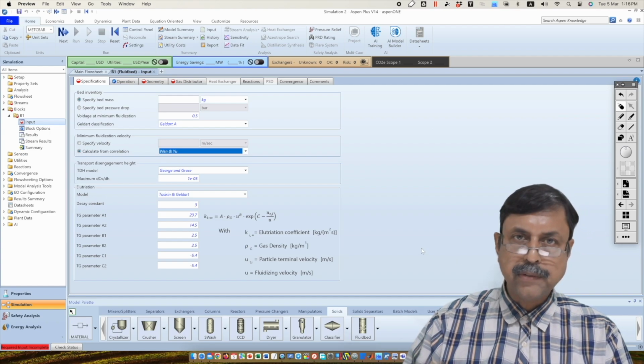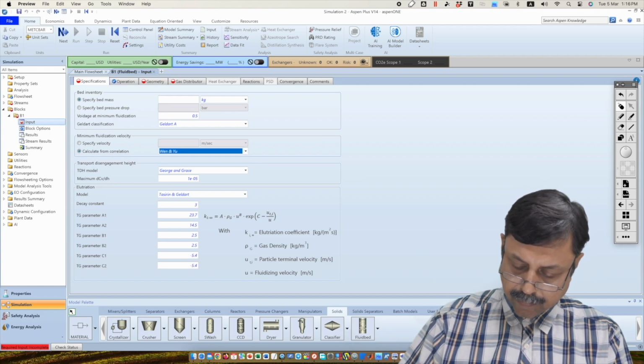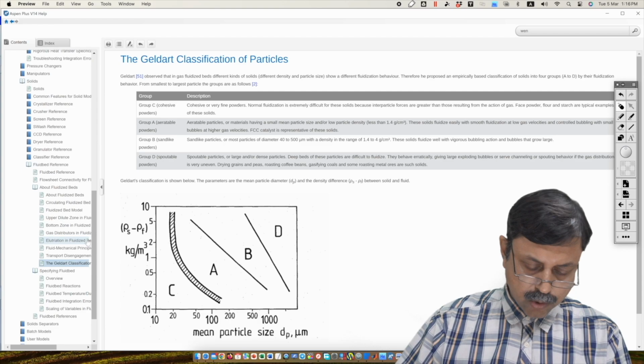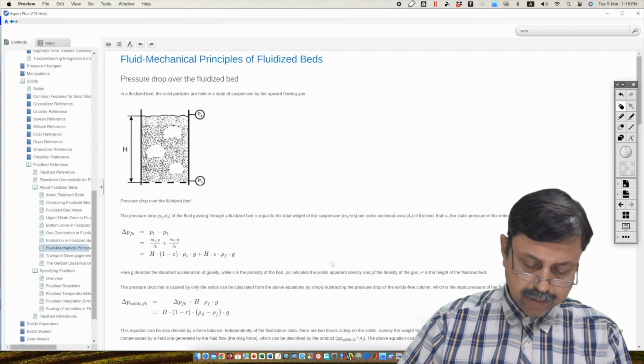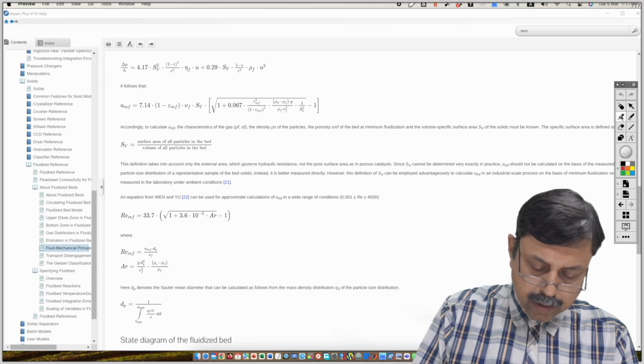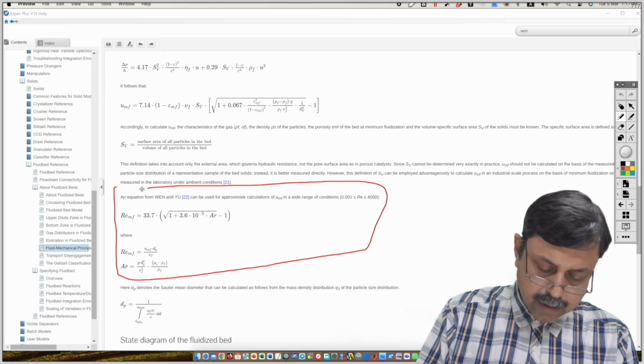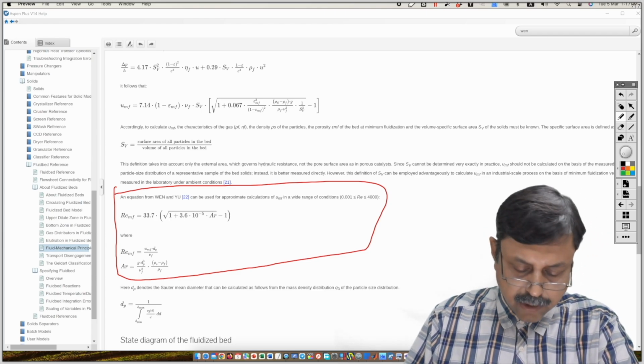If you want to see what they are, just refer to this help file once again. For that, you have to go to Fluid Mechanical Principles. Here, you will find the information that we are looking for.